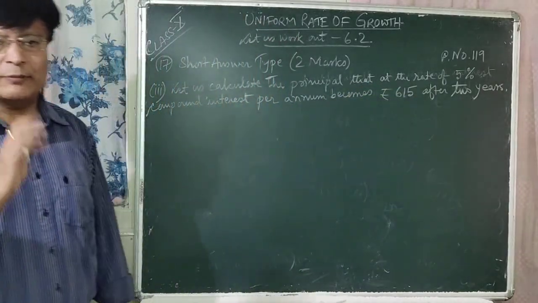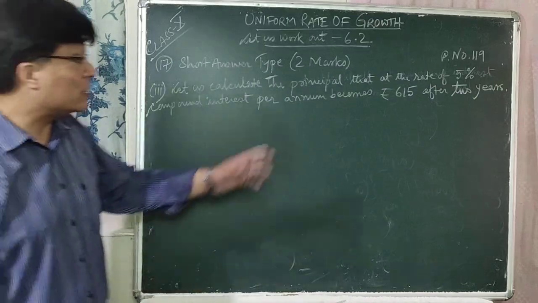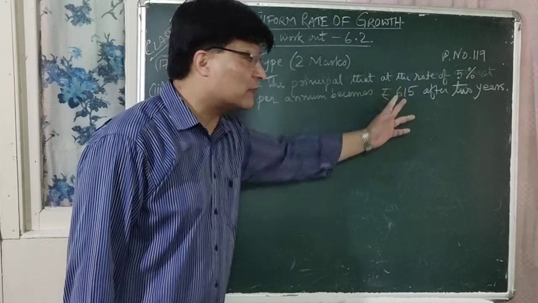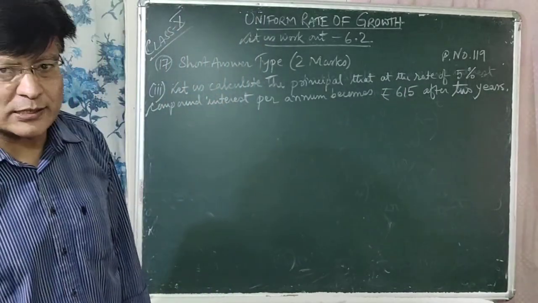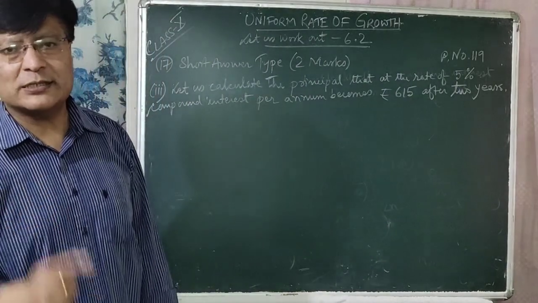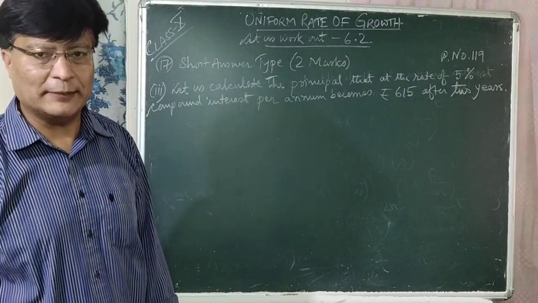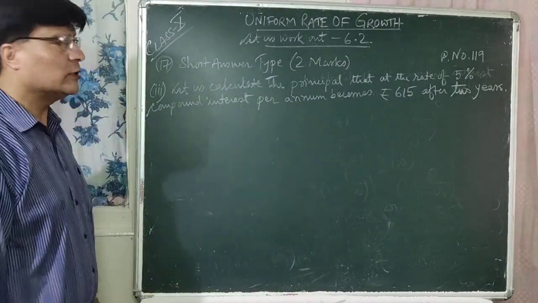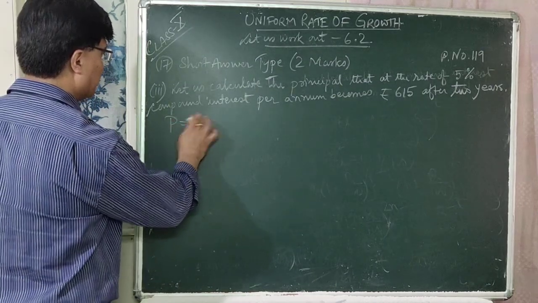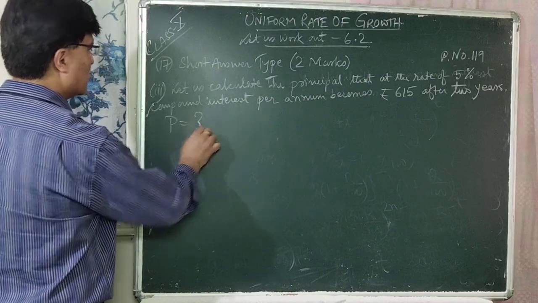So you have to find out the principal. What is the rate of compound interest per annum? It is 5%. And this 615 is the compound interest. And after how many years? 2 years. So here you have to get the principal. P is equal to question mark.